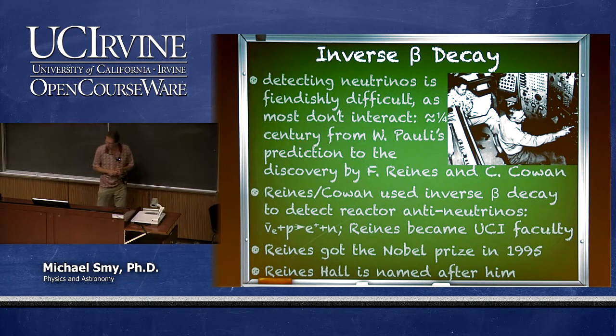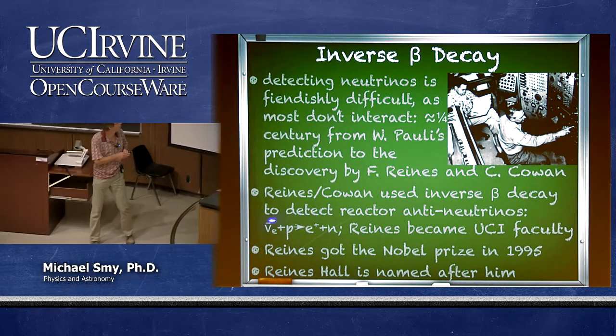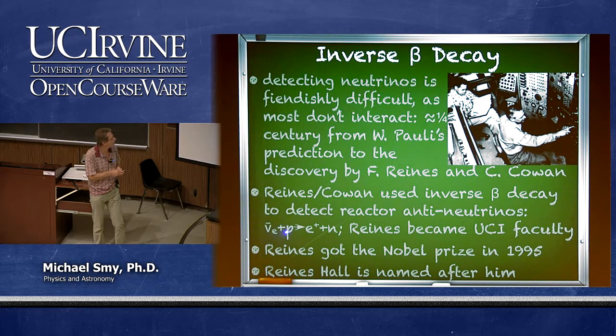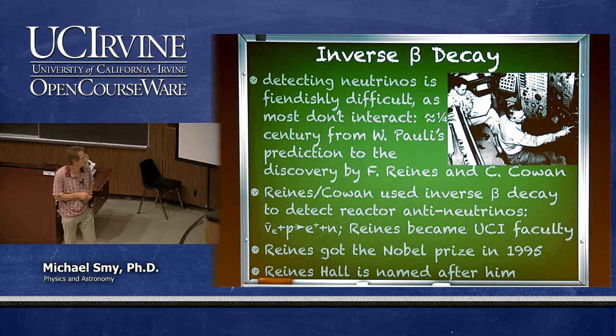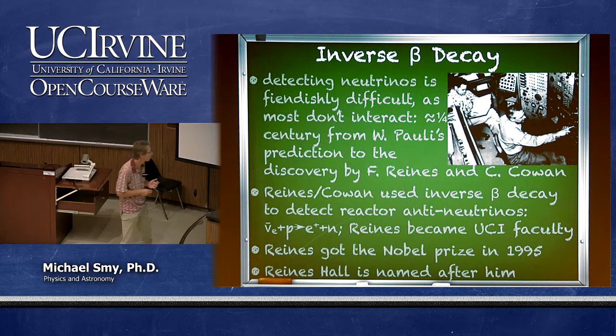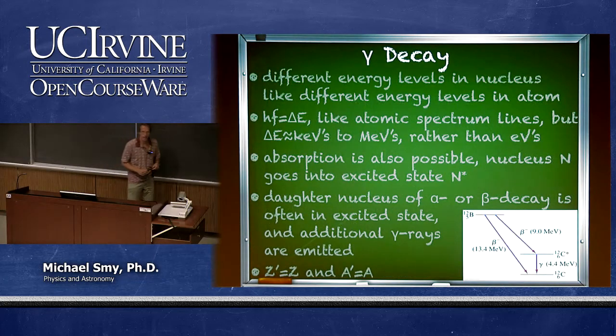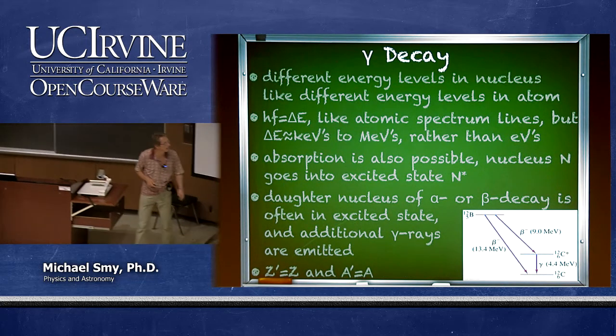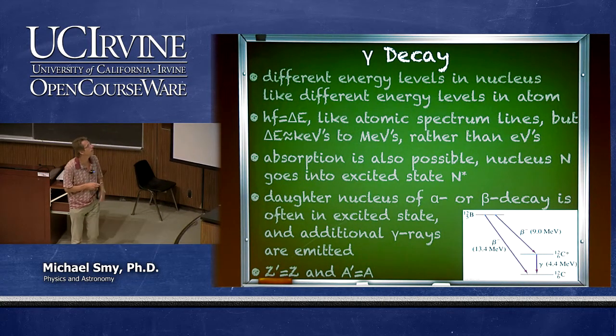And Reines and Cowan used inverse beta decay, meaning that you have an antineutrino interacting with a proton to give you a positron and a neutron, to detect the antineutrinos coming out of nuclear reactors. And eventually, Reines became UCI faculty, and for this discovery, he won the Nobel Prize in 1995, and Reines Hall is named after him.